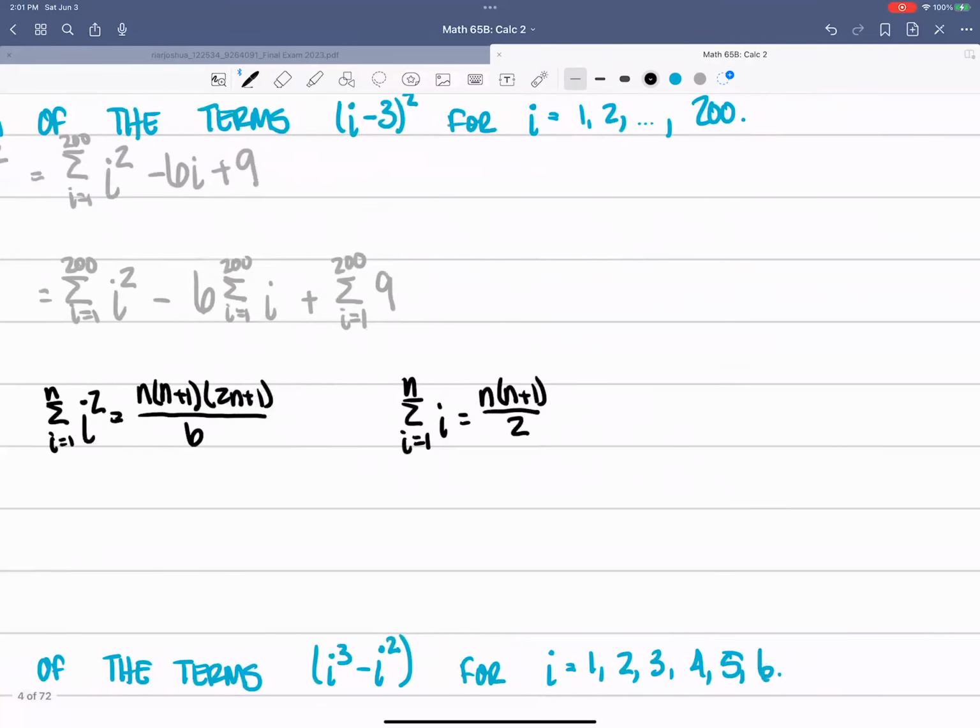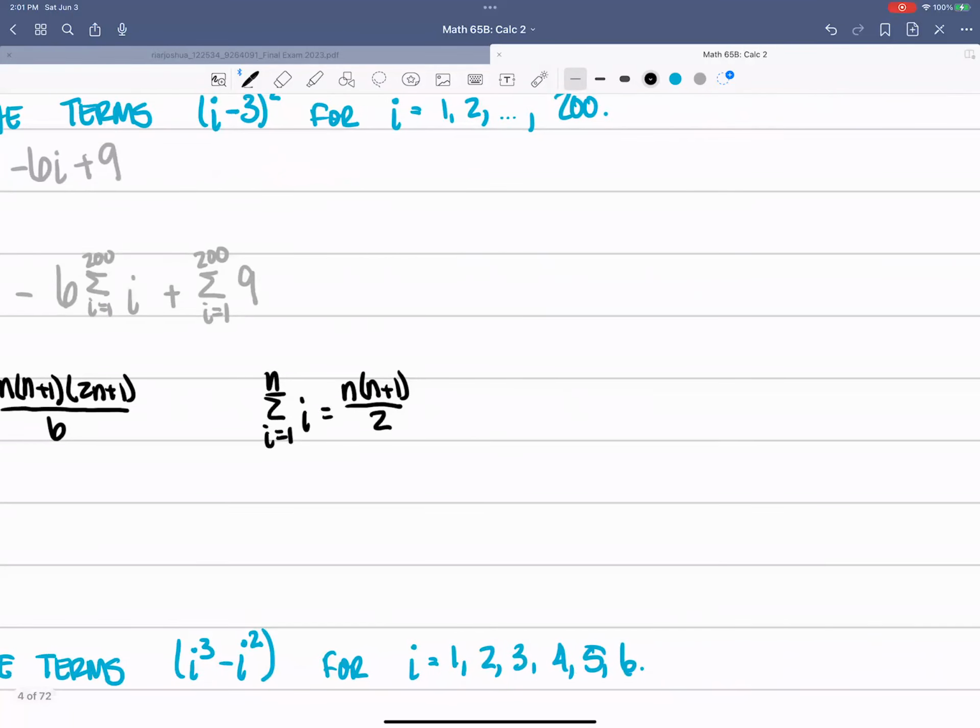And lastly, when we don't have anything that we're evaluating, i going from 1 to 200 of some constant c, so in this case that would be 9, this ends up just being n times c, and actually not 200, generalize it to n.